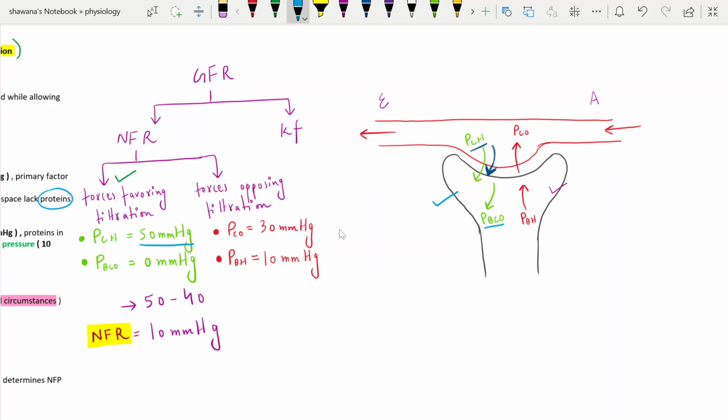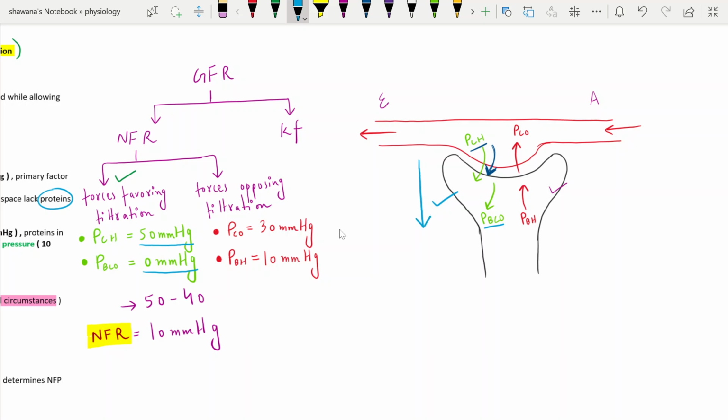So according to this rule that proteins are exerting this pressure, there are no proteins. So the colloid osmotic or oncotic pressure in the Bowman space is zero in practical circumstances. Okay. So these are the forces which favor the filtration in this direction.